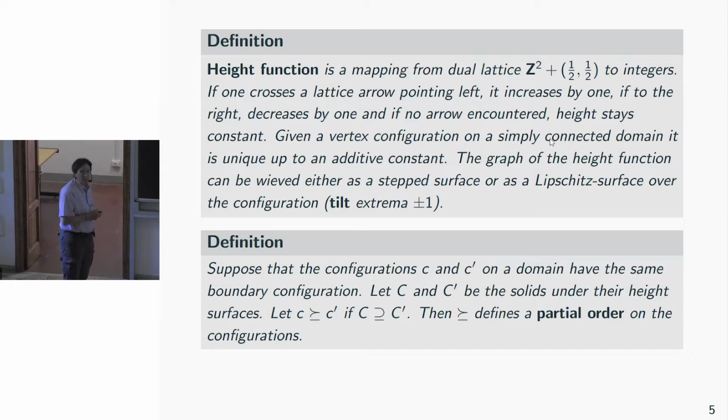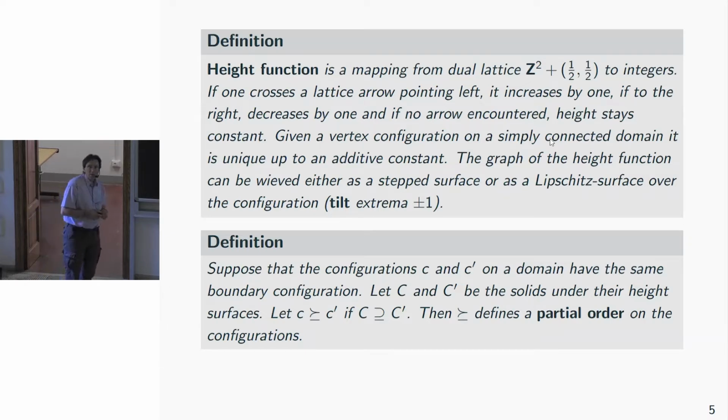You choose a reference point where the height is 0, and then when you move away from that, if you cross an arrow that's pointing to the left, the height goes up by 1. If there's no arrow, the height doesn't change, and if it points to the right, then it decreases by 1. And by this zero flux condition on a simply connected domain, you get a uniquely defined function from this.